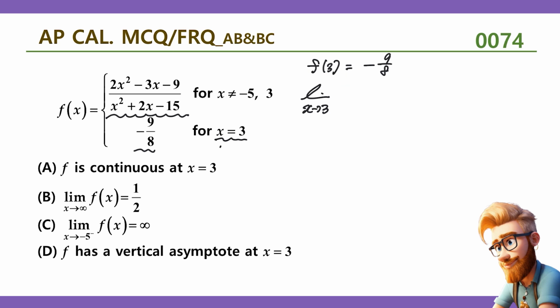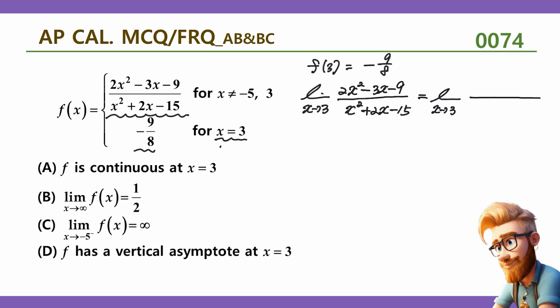Okay, so we have 2x squared minus 3x minus 9 over x squared plus 2x minus 15. Let's simplify this. Factor numerator and denominator.